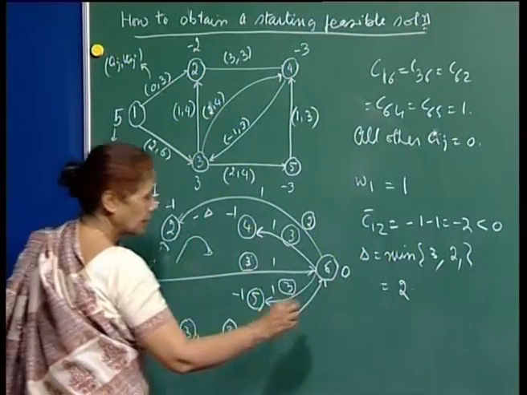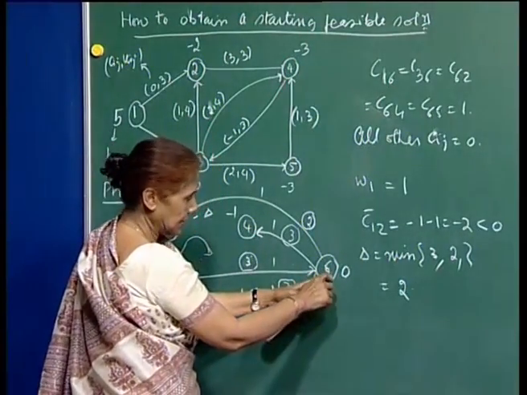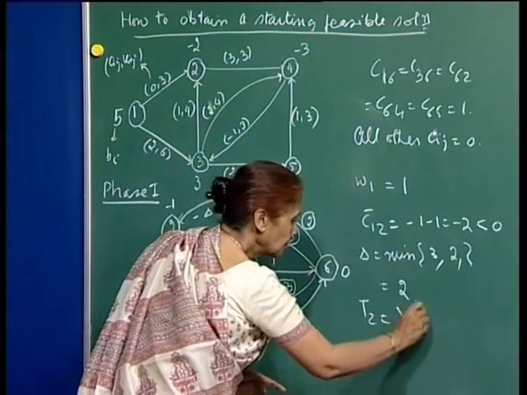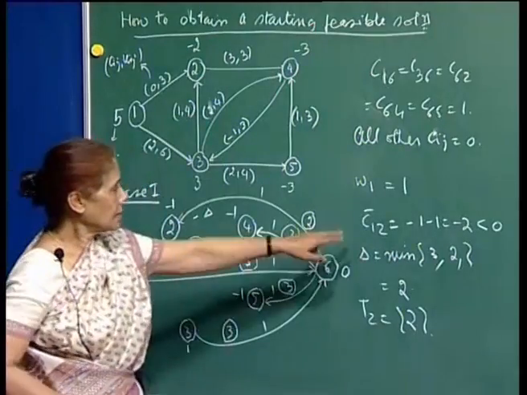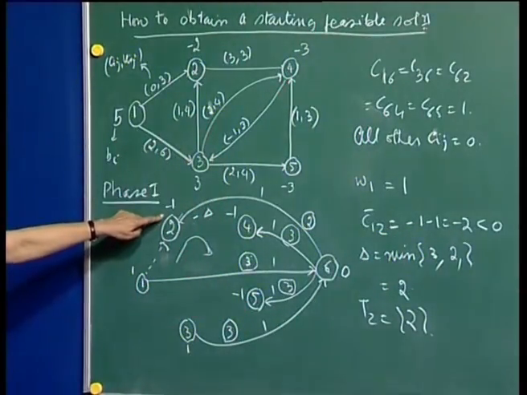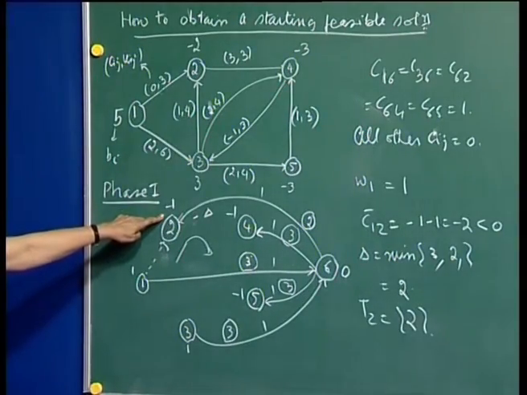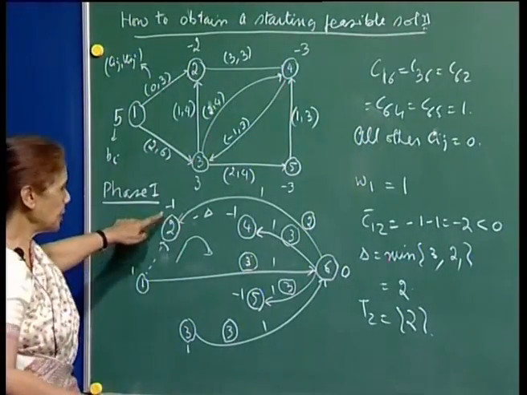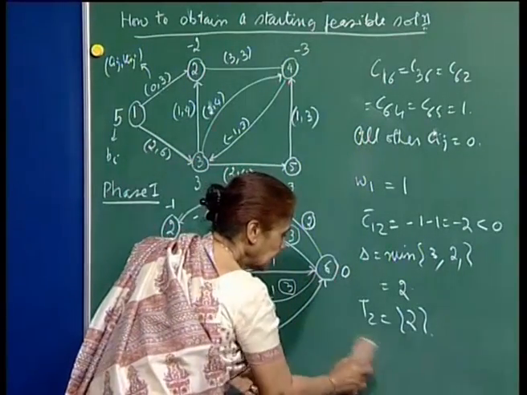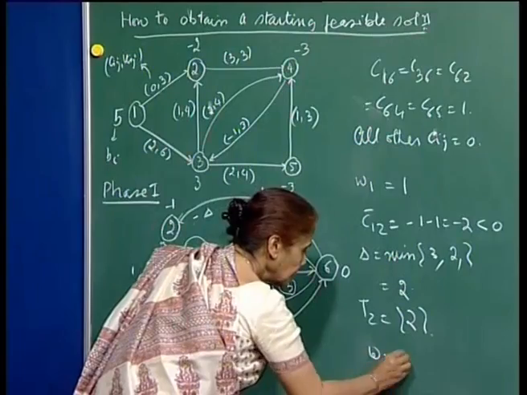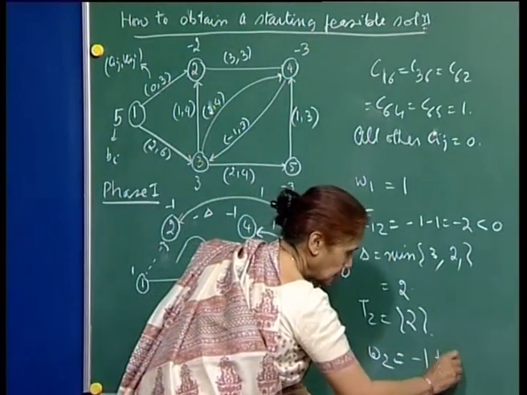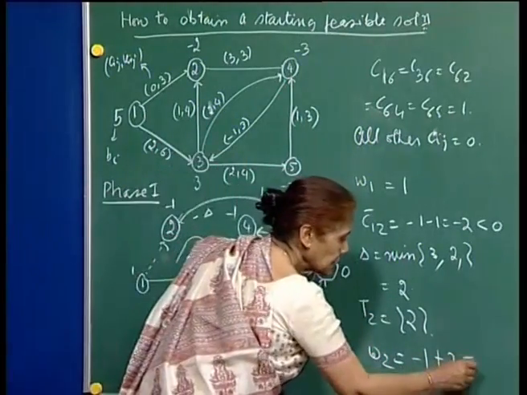So T1 contains your root node, which is 6. T2 just consists of node 2, and since C12 bar is minus 2, the dual value here gets reduced by minus 2, which means your new W2 bar is old plus 2, minus of minus 2, which is 1.